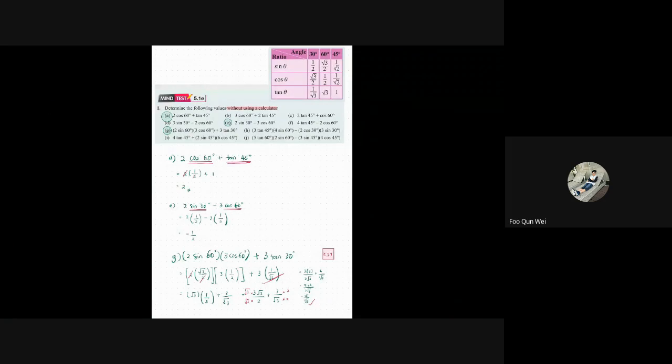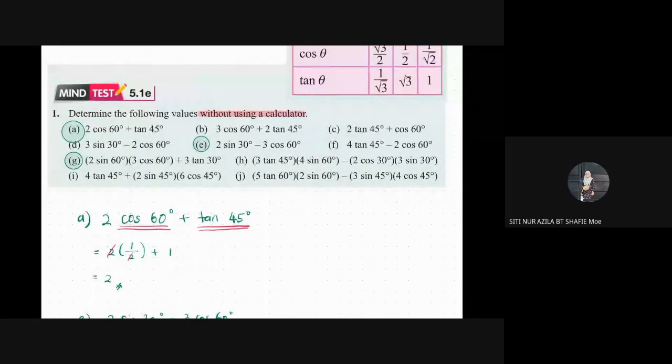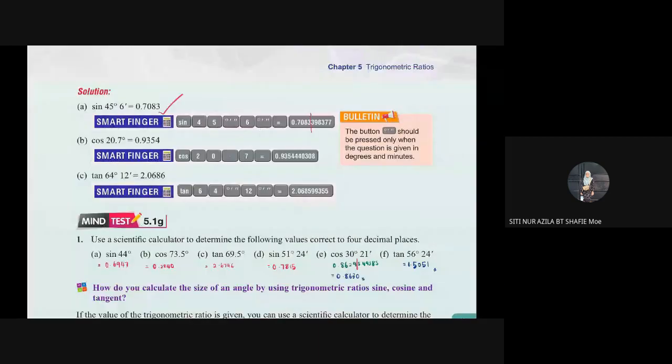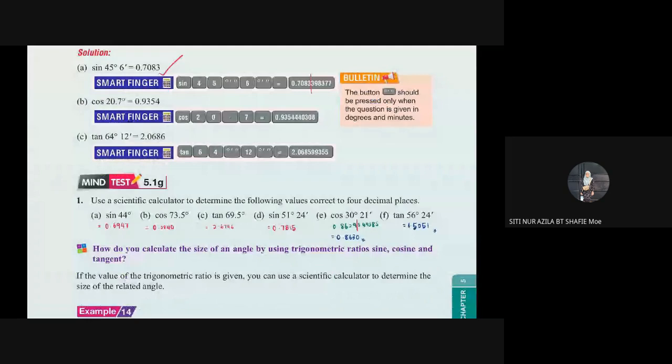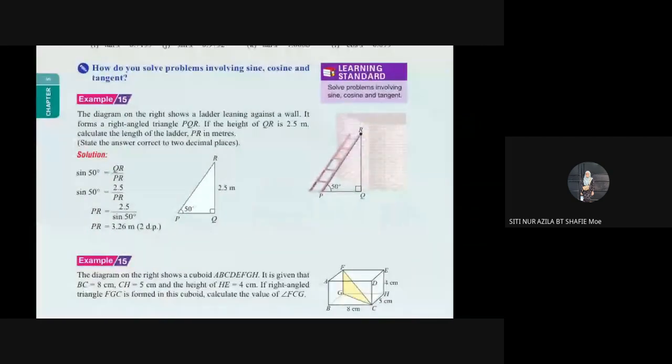Also G. So 5.1E we already discussed today. A few questions, that's enough for me, because later I'm going to share with you another set of questions. I don't want you to answer this one because for me this is too basic. What is more important is the next part of this chapter.